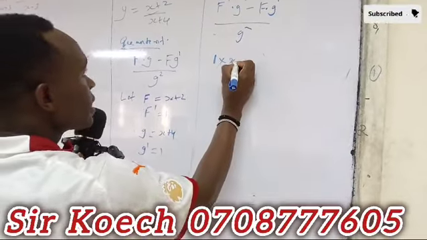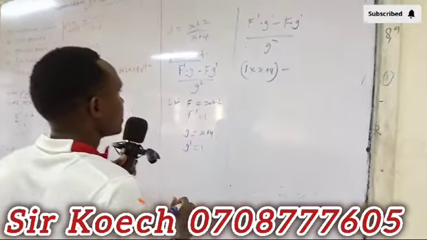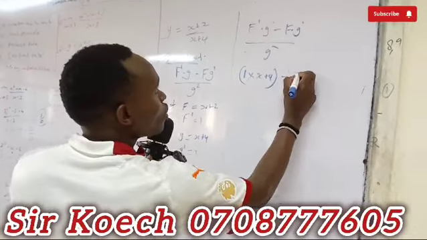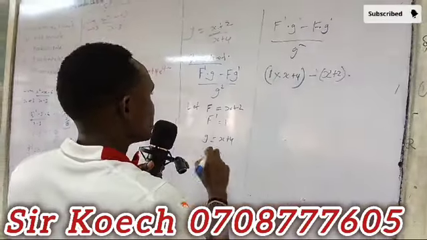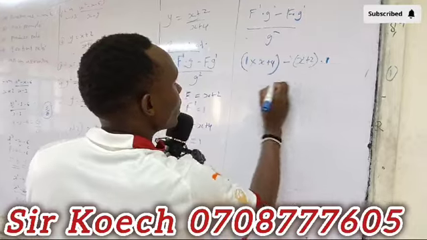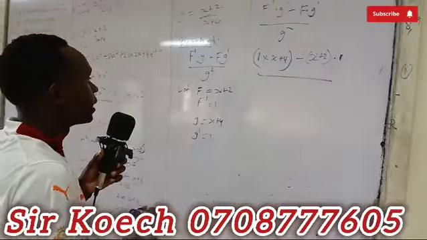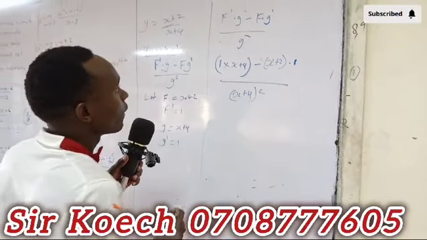My g is x plus 4, minus my f, which is x plus 2, multiplied by my g prime, which is 1, then over g squared. g squared is (x plus 4) squared.